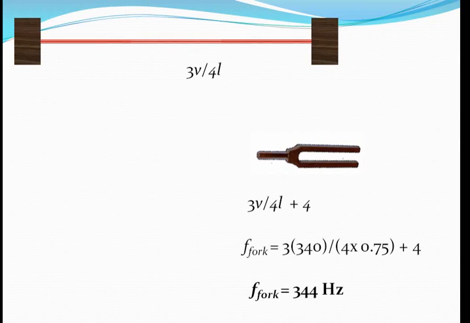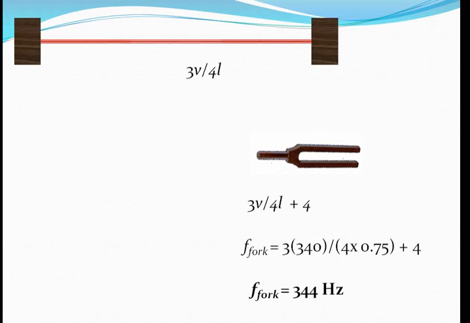So you see, the problem which sounded very complicated was actually very simple. One thing you must be careful about in this problem is that L is not the length of the string in this case. It is the length of the closed organ pipe. You may also be thinking, how can a string vibrate with a frequency 3V by 4L?